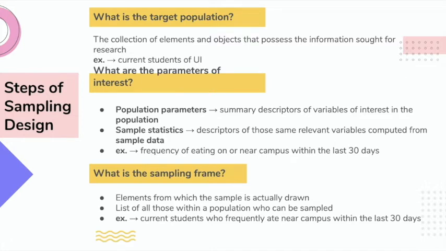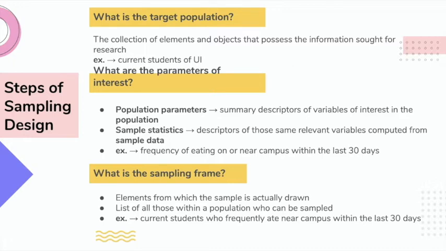The second step is, what are the parameters of interest? The population parameters are summary descriptors of variables of interest in the population, while sample statistics are descriptors of those same relevant variables computed from the sample data itself. For example, the frequency of eating on or near campus within the last 30 days.